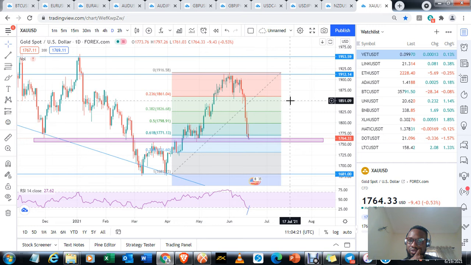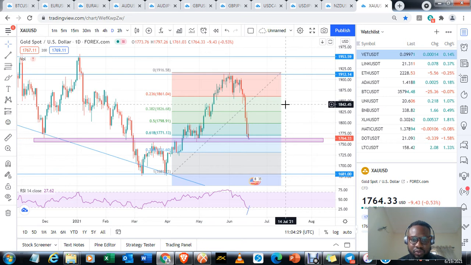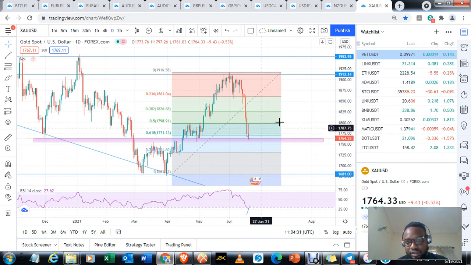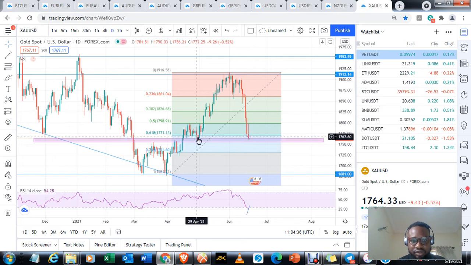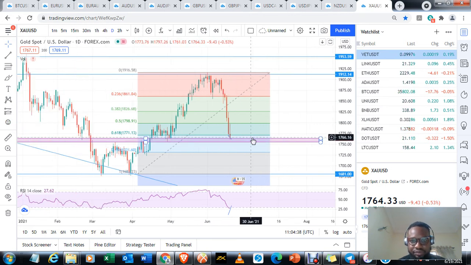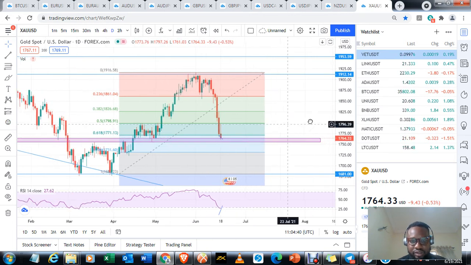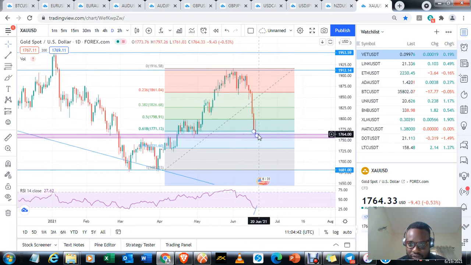So that is the first clue to why I would like to take the trade I'm actually looking to take next week. But this is not enough for me. I mean, it's good enough that price came down here to this support and is reacting to this support zone, and also the support zone coincides with 61.8, which is a very strong indication that price is most likely going to retrace from this level.